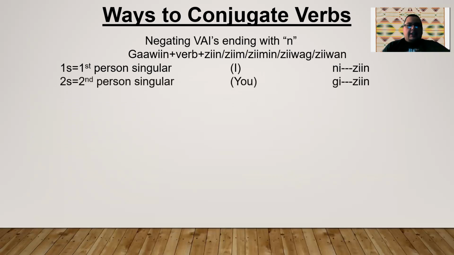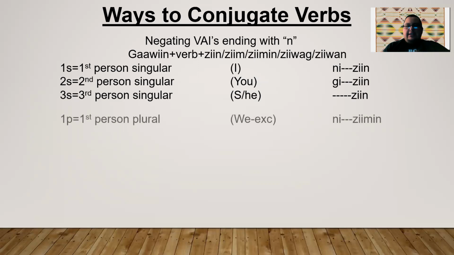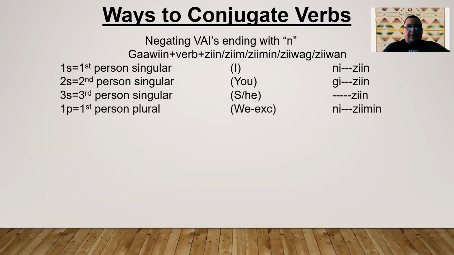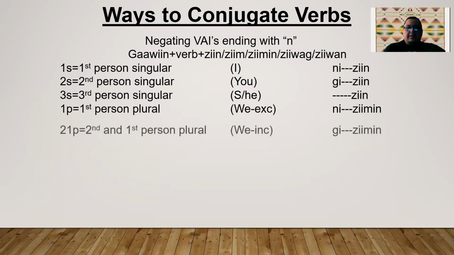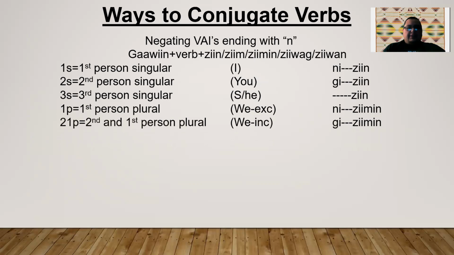All right, second person, talking about you. Gi, your verb plus zin. Third person, she or he, is just your verb with the gawin plus your verb plus zin. First person plural, we, excluding the person you're talking to, nin, your verb plus zimin. Second and first person plural, we, including the person you're talking to, gi, plus your verb plus zimin.